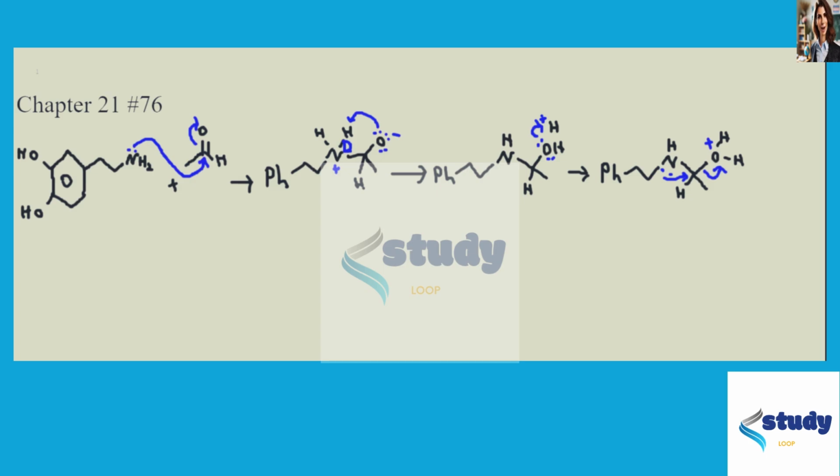And so now I do need to return to drawing the whole ring because now the ring is going to start participating in this reaction as well. So here's our 6-membered ring from the dopamine.